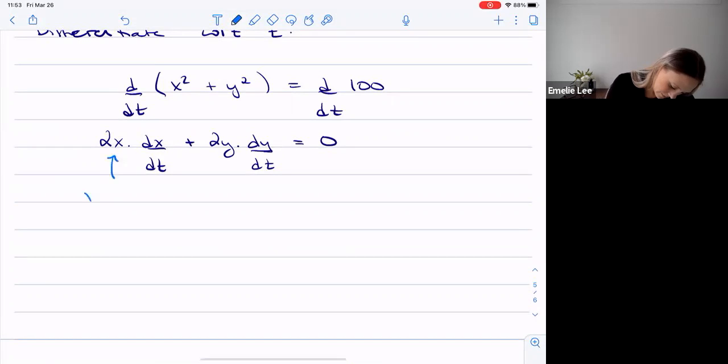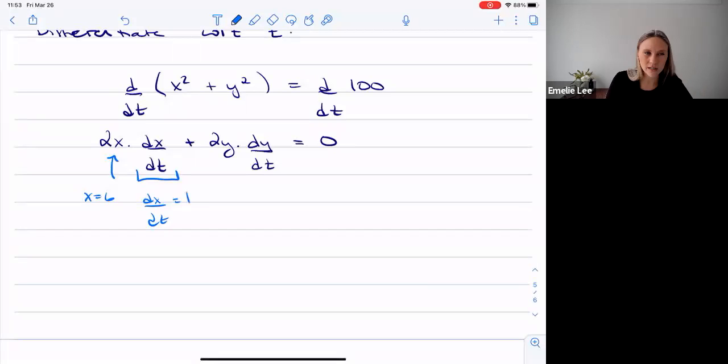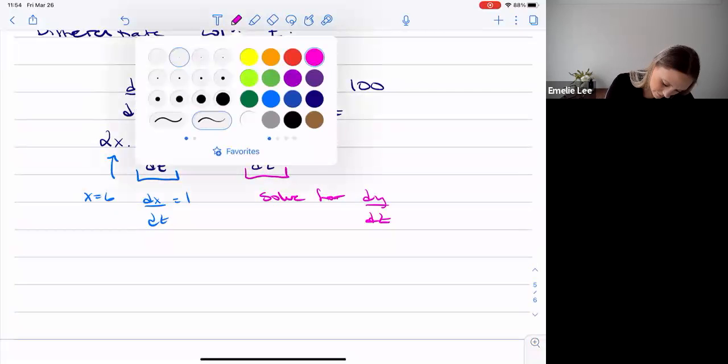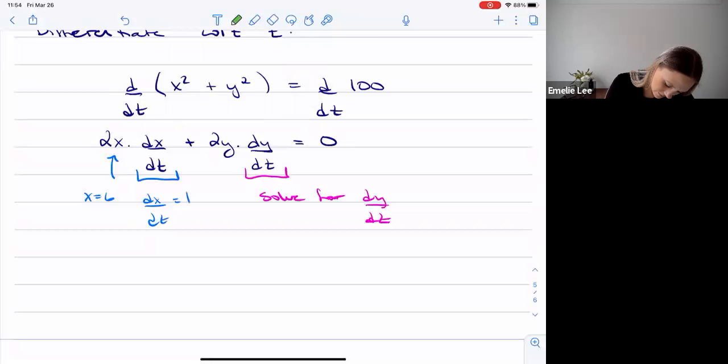So x is 6, dx/dt is 1. And we want to solve for dy/dt. We need y.